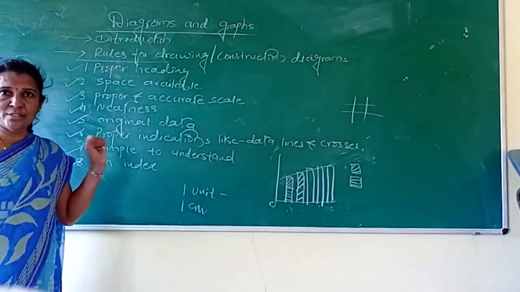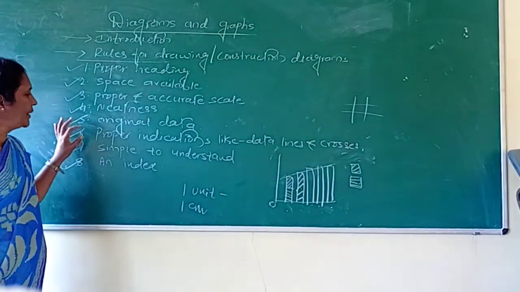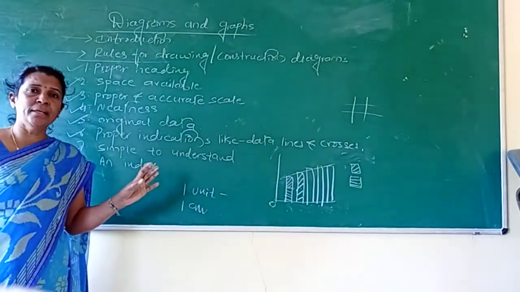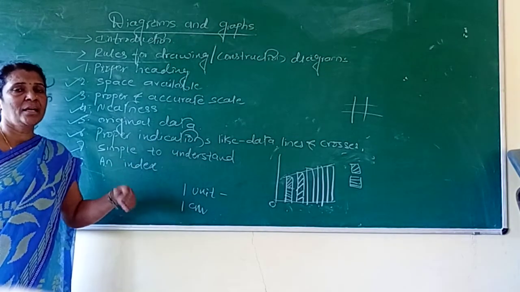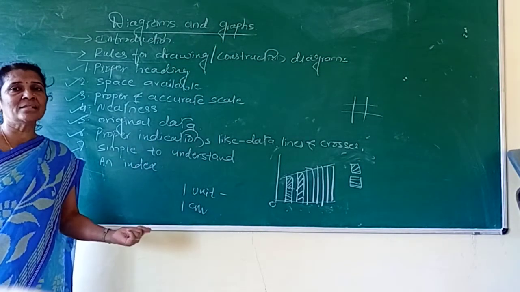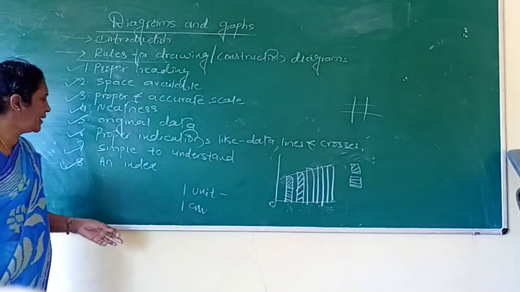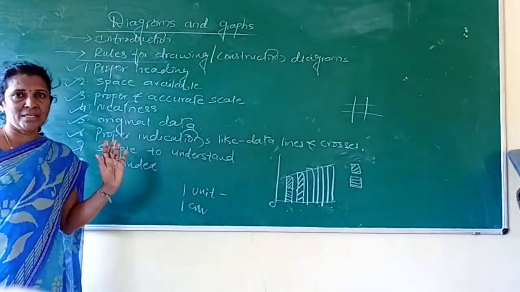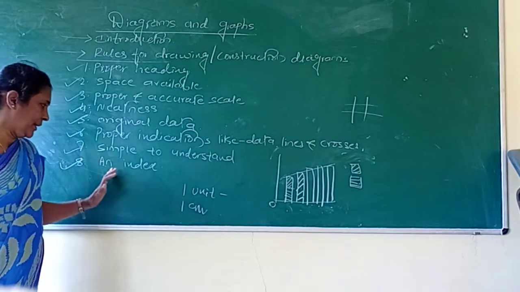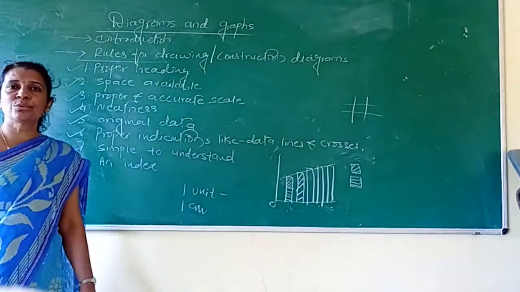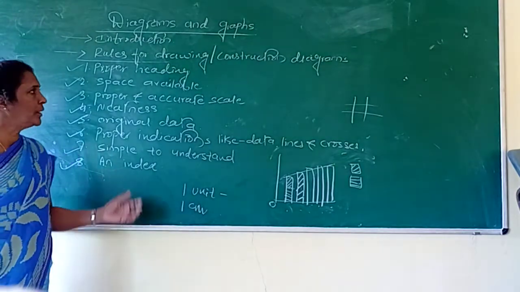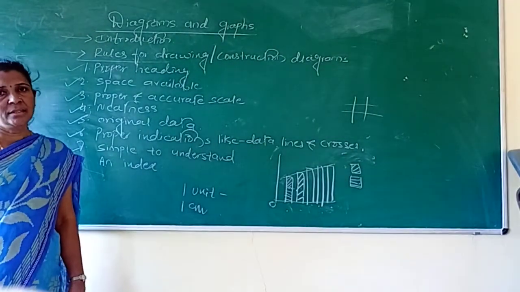It should represent original data. Then there should be proper indication. So you have to indicate the lines, the crosses, data. It should be easy and simple to understand, and you have to give the index. So these points you have to remember when you are drawing the diagrams.